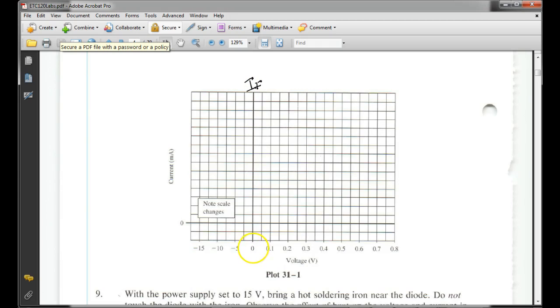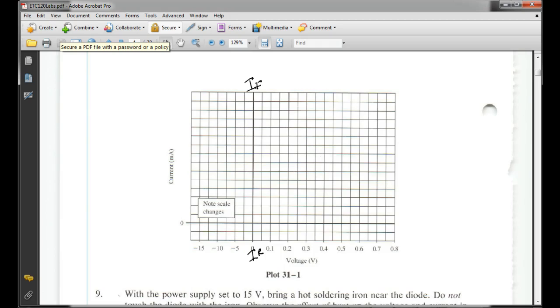This down here is IR. Everybody okay? Now they do give you the voltages. We'll have to figure out the scale on this side depending on the maximum current that we get. And once we figure out the maximum current that we get, then we'll set up the scale over here. Everybody okay? Makes sense? Yes, no?